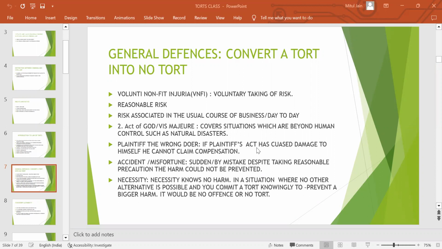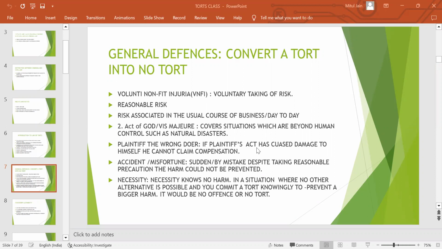Act of God are situations which are beyond human control.